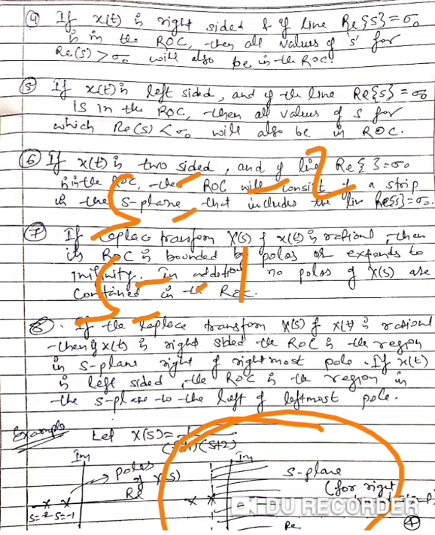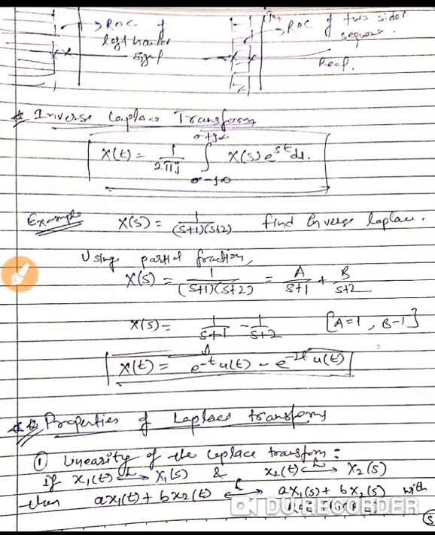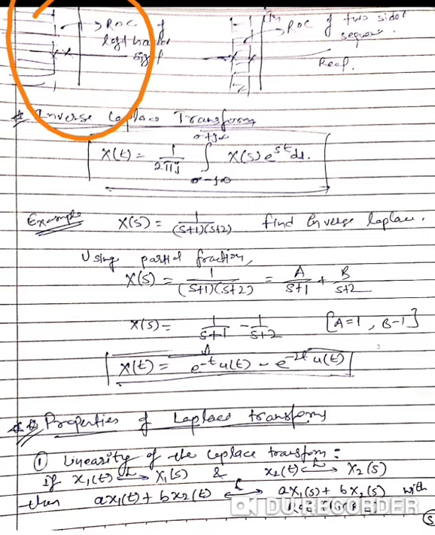When we take the inverse Laplace, which we will see later in the lecture, to find the original signal xt, we find that one part is a right-handed signal, and for the second part the ROC is a left-handed signal.